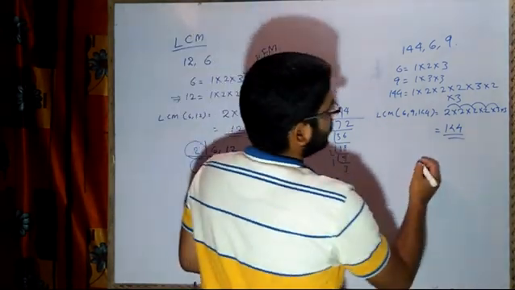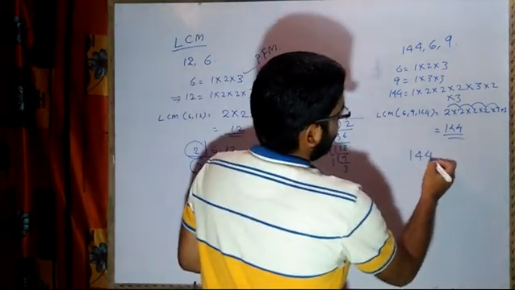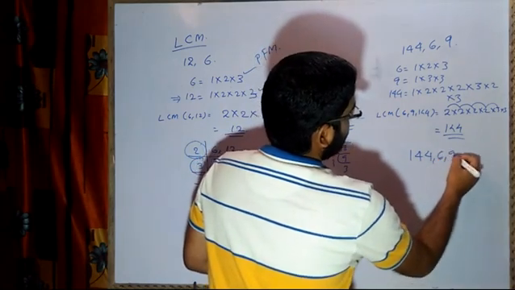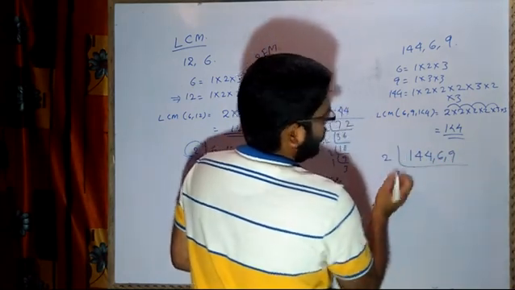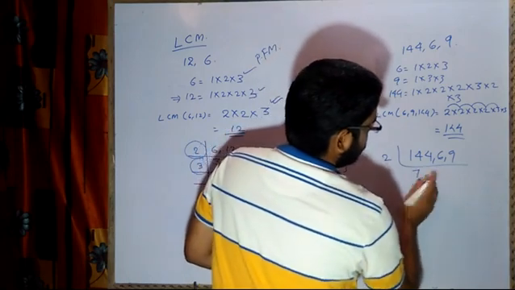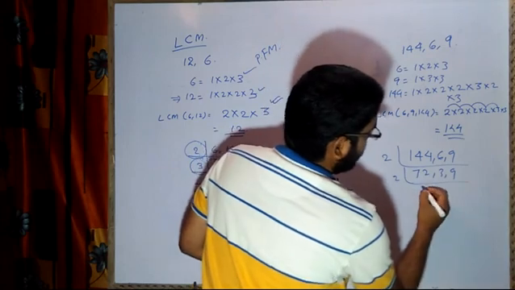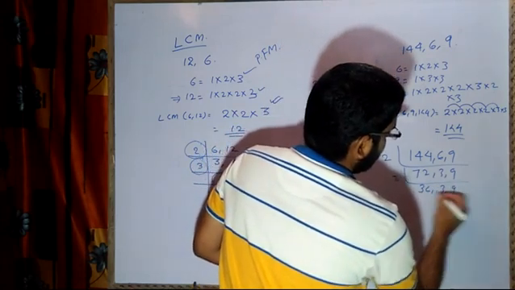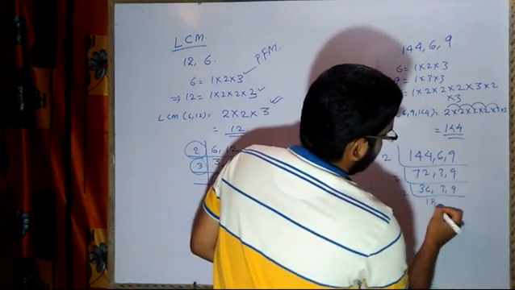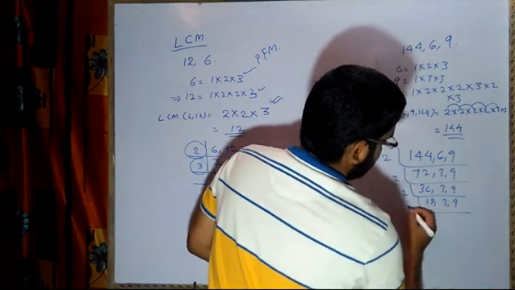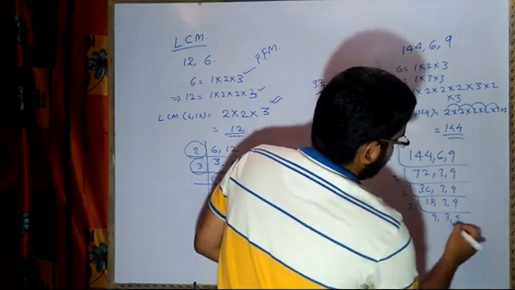If you go by the long division method, then again you will be having 144, 6, 9. So with the minimum number 2, then I can go again by 36, 3, 3. Then I can go 18, 3, 9. 2 9s are 18, 3, 9.